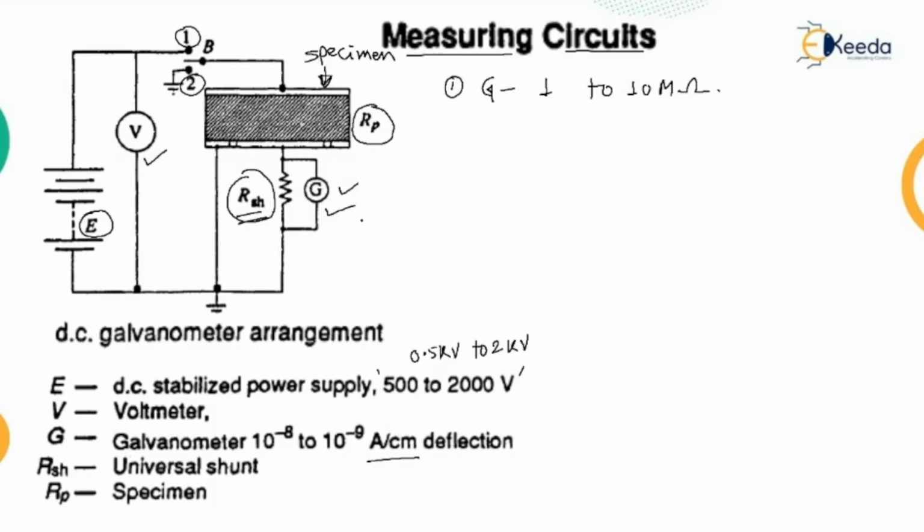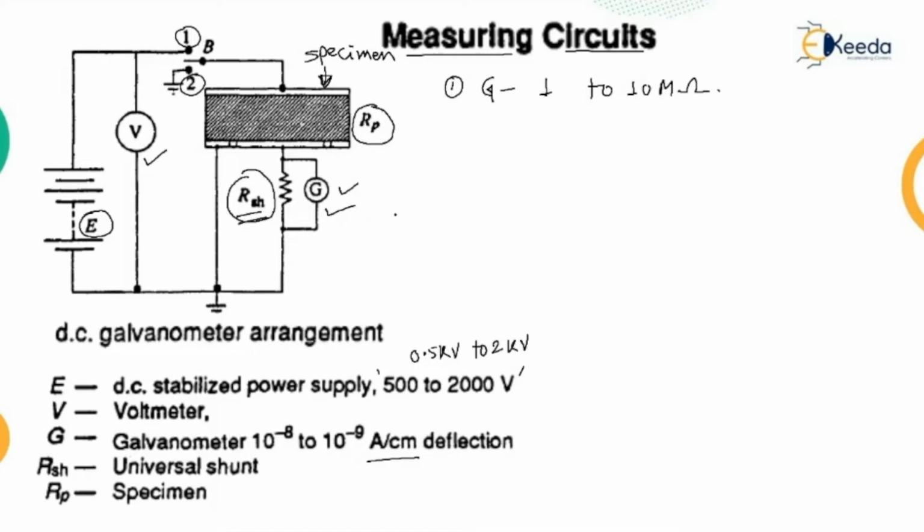Now the specimen RP is inserted in the circuit and maintaining the same supply voltage, the galvanometer current is observed by adjusting the universal shunt if necessary. The galvanometer gives a maximum sensitivity up to 10 to the power minus 9 ampere per centimeter deflection, and a DC amplifier has to be used along with the galvanometer for higher sensitivities. So if the sensitivity is to be increased, then a DC amplifier can be used.